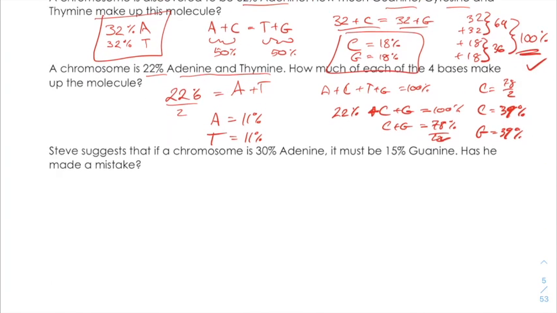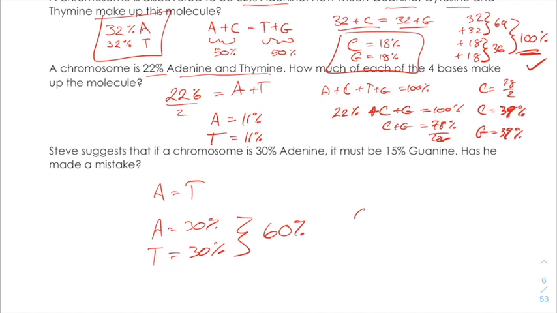Okay. And then Steve suggests that if a chromosome is 30% adenine, it must be 15% guanine. Has he made a mistake? So let's see if we can figure this trick out. Here we know that A is equal to T. So if A is equal to 30%, then T is equal to 30%. That means that's already 60% of our DNA. And we know that G and C have to be the same value, and together they have to add up to the 40%, right?